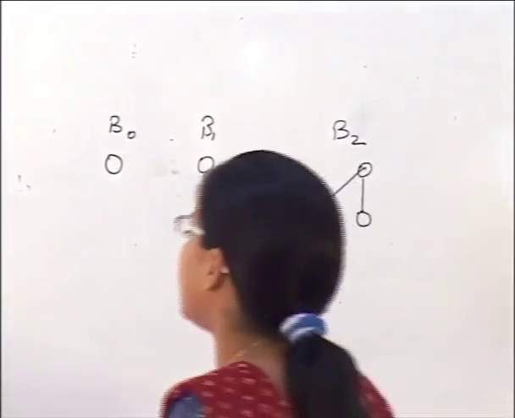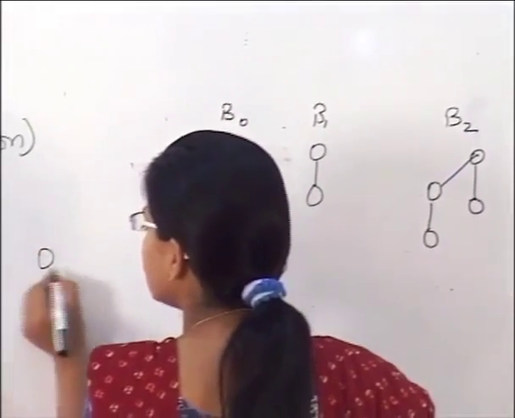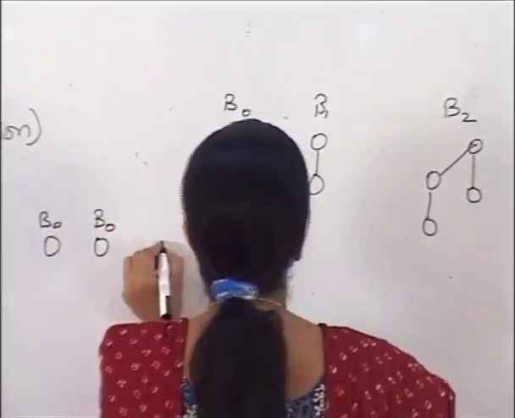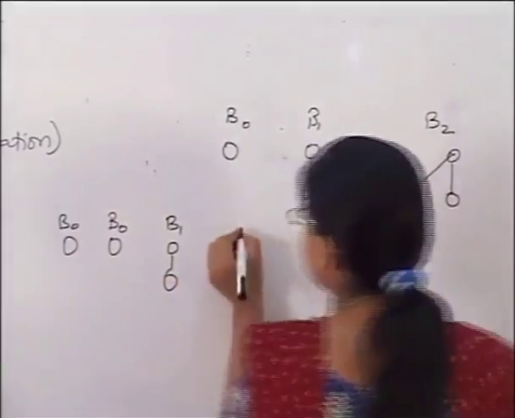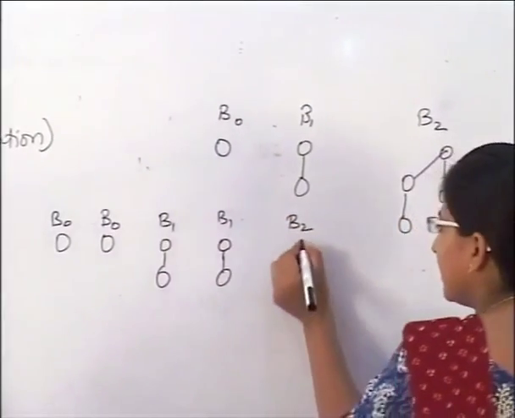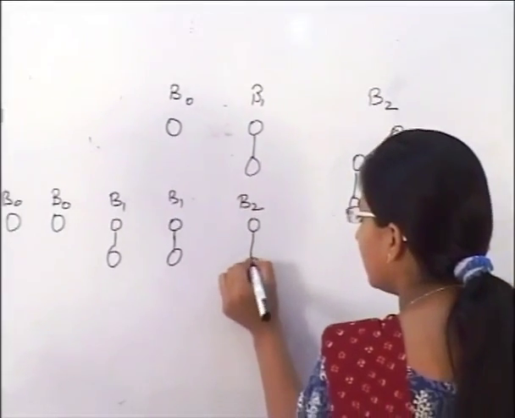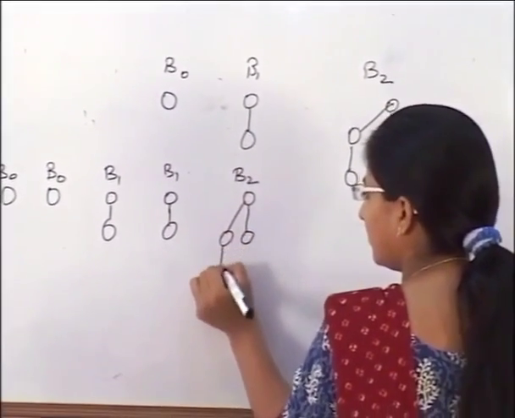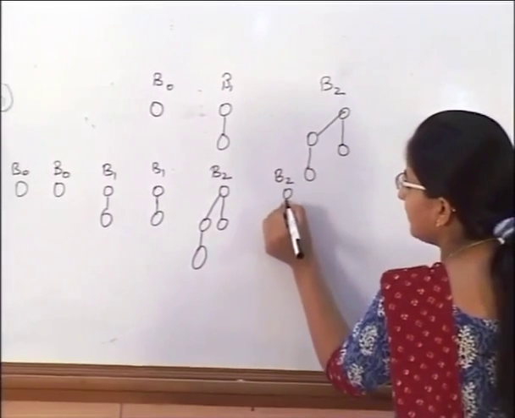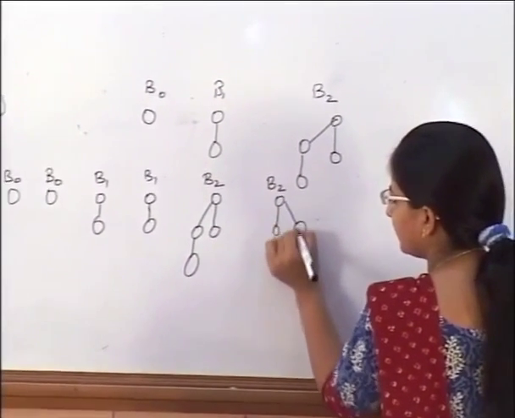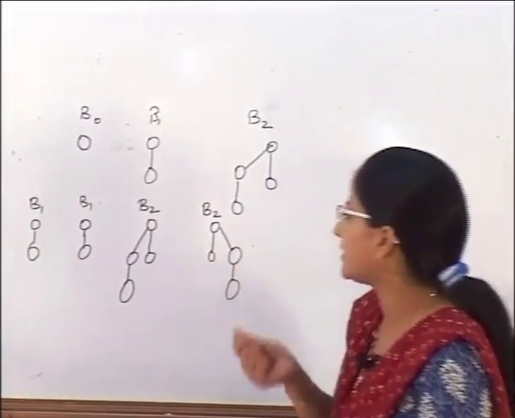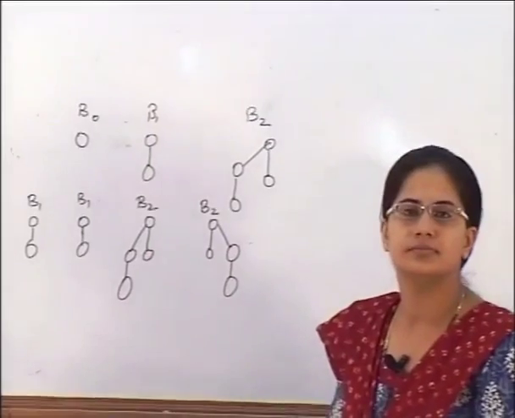While in Fibonacci heap, we can have same order trees. Second thing, the order of merging is not necessarily the same. You can have in the heap B2 like this, B2 like this.